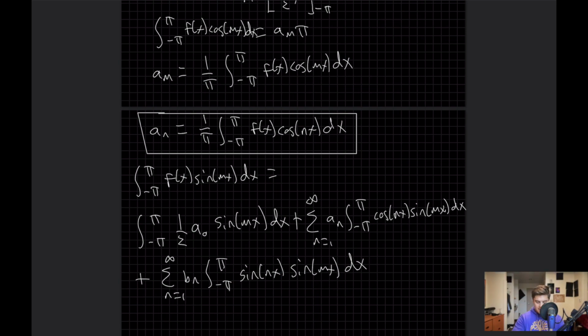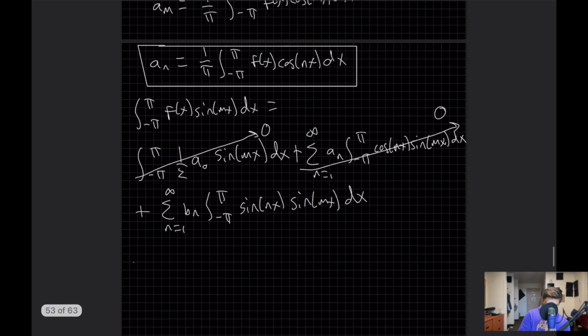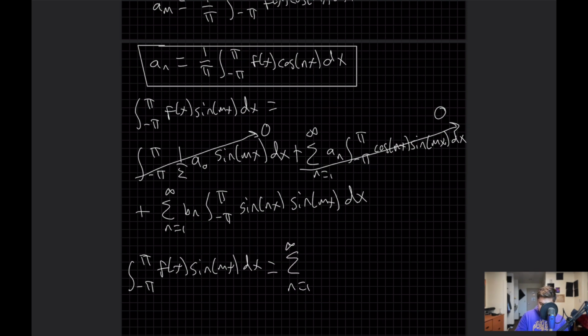What we have again, this term goes to 0 because it's an odd function. Sine times cosine ends up being an odd function too. And we're left with the integral of negative pi to pi of f of x sine of mx dx is equal to the sum from n equals 1 to infinity of b sub n times the integral from negative pi to pi of sine of nx sine of mx dx.